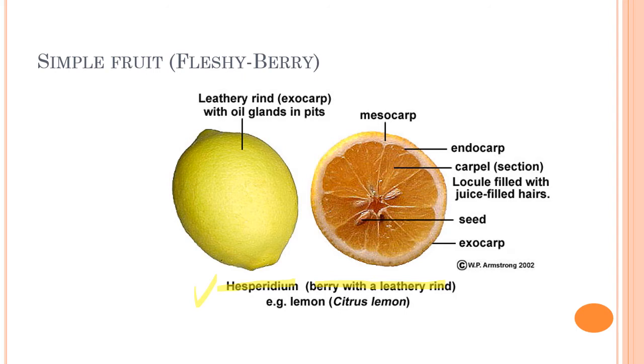The exocarp is the outside layer, usually colored like orange or yellow, and the mesocarp is the white layer inside of it. The endocarp is these sacs that carry the juice, and inside of them is the seed. So this is called Hesperidium, and it is actually a fleshy berry.